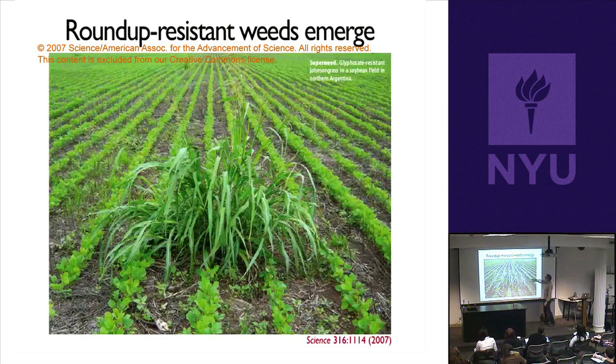Okay, so I mean, you can just get a sense of the scale of production of these things by looking at the field. Forget about the weed for a second. But you know, this field goes on forever and ever and ever. Okay, this is basically one farm, right? And you have this weed growing in the middle of it, and the reason it's growing, and the reason everything else is really clear, is because the whole field has been sprayed with Roundup, and this plant is resistant to it.